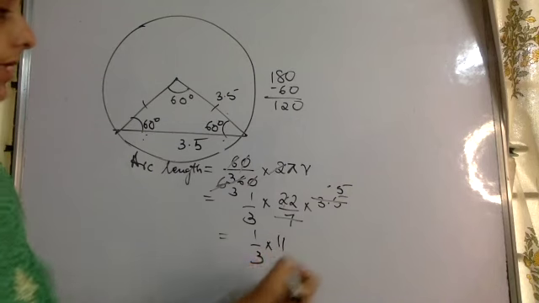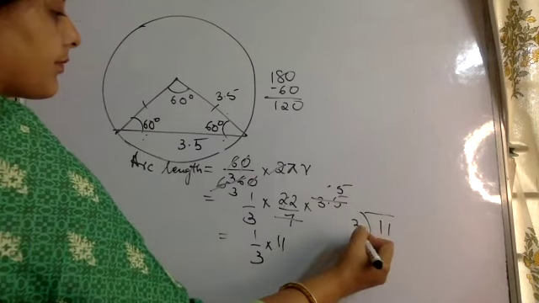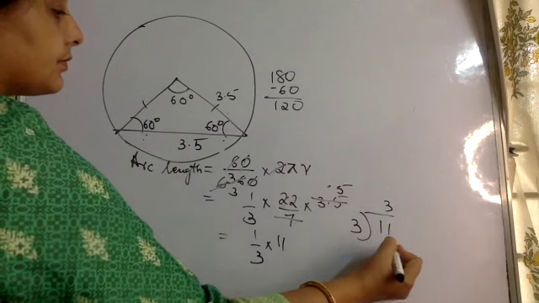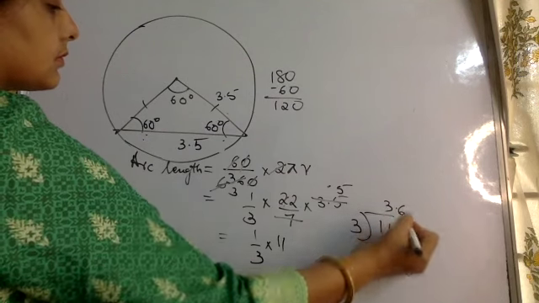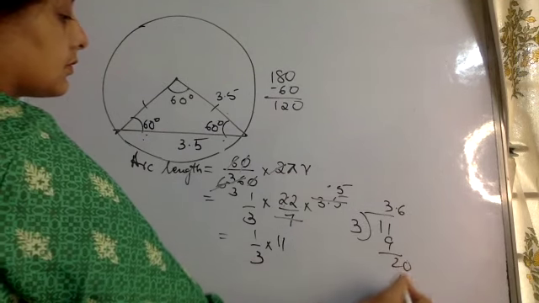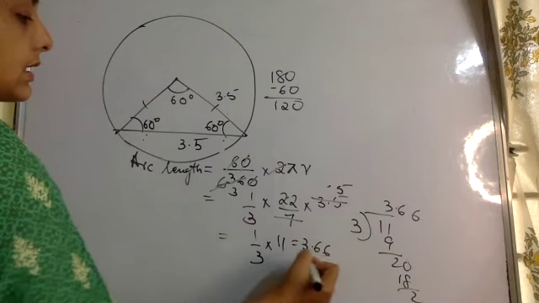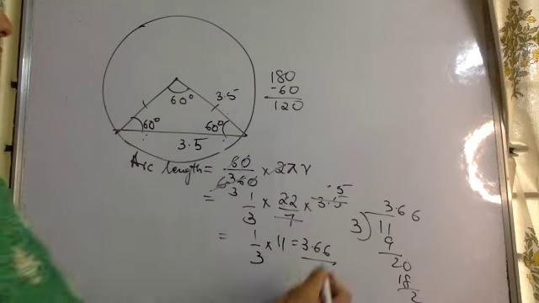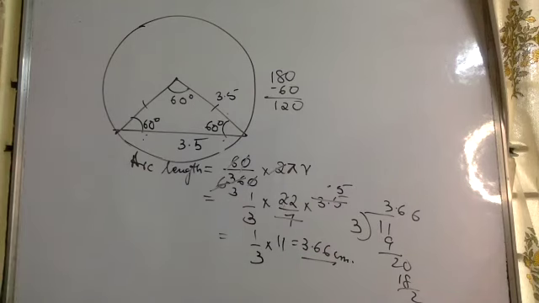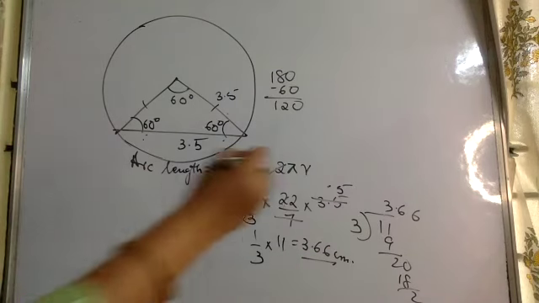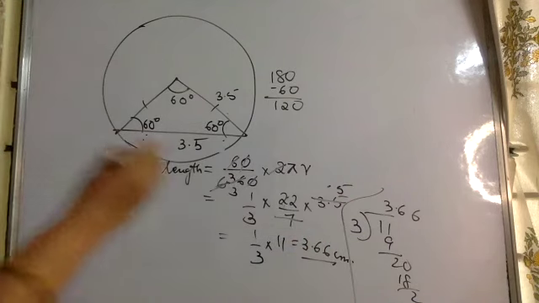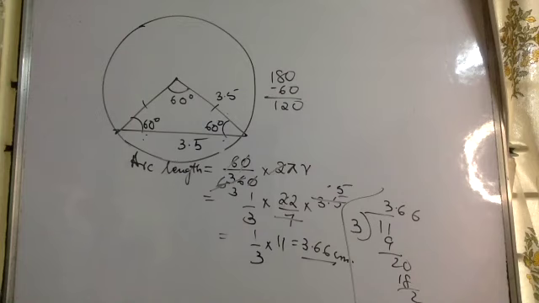So 11 by 3 is 3.66. So 3.66 centimeters is my length of the arc. Please don't put centimeter square over there.